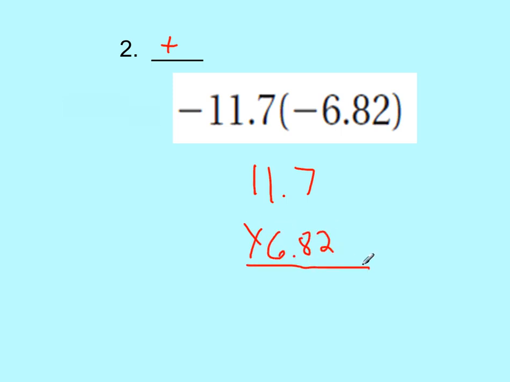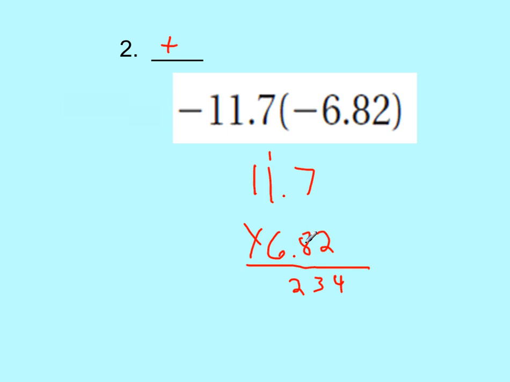Now we just multiply like we normally do. 2 times 7 is 14, carry the 1. 2 times 1 is 2, plus 1 is 3. And then 2 times 1 is 2. To that, we're going to add, and we're going to multiply by 8.